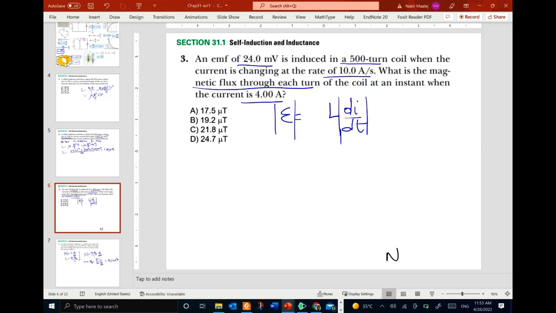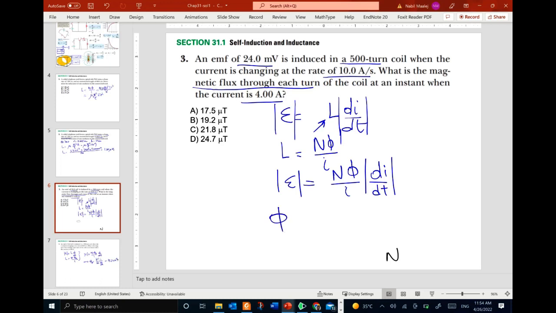Okay, what is L? L is the flux linkage, which is N times the flux divided by the current. So we plug it in here, and we obtain the EMF is N times the flux divided by I times the derivative of I with respect to time. Okay, and now I can get the flux.